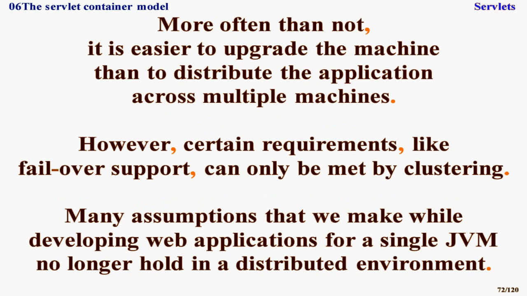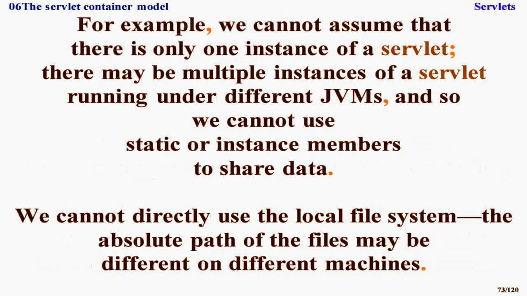Many assumptions that we make while developing web applications for a single JVM no longer hold in a distributed environment. For example, we cannot assume that there is only one instance of a servlet. There may be multiple instances of a servlet running under different JVMs, and so we cannot use static or instance members to share data. We cannot directly use the local file system.